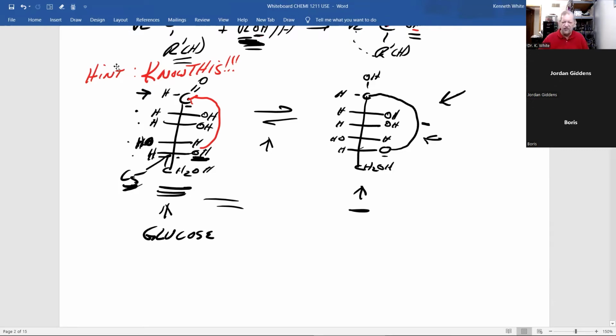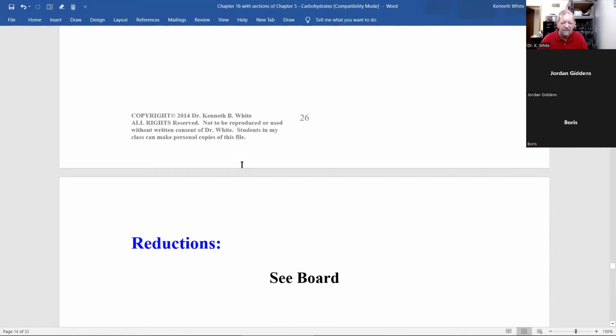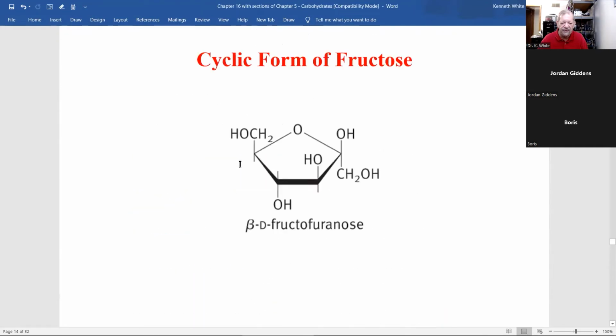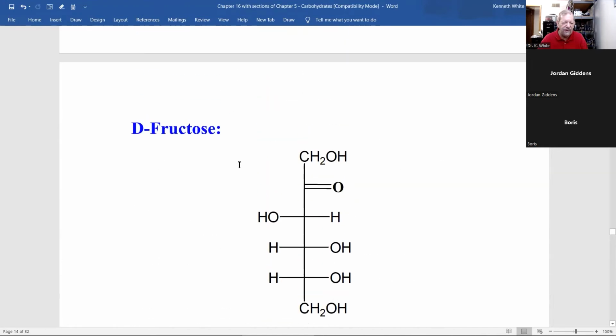Now, another important sugar in our daily life, which I just talked about, but let's take a look at it again, is fructose. And fructose has this structure. It has a carbonyl, not at the end, so it's a ketone. I'm cheating because I always forget the structure of fructose.